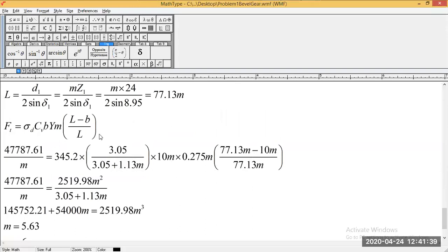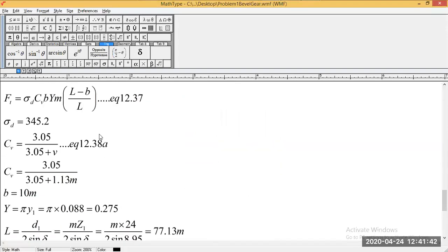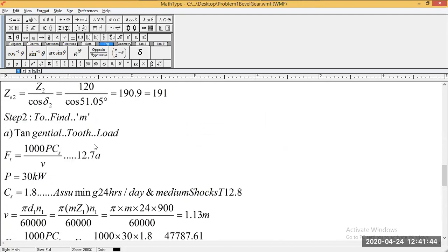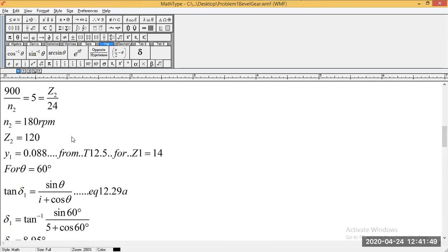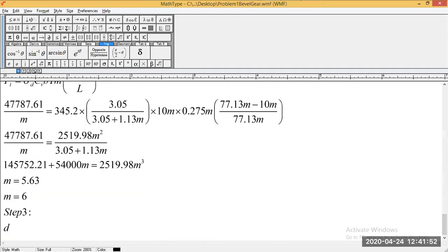So addendum, dedendum, and then we'll find the diameters. Let me say D1 and D2. We'll find D1 and D2. So D1 is M Z1, right? We have found the module now, which is 6 times 24.